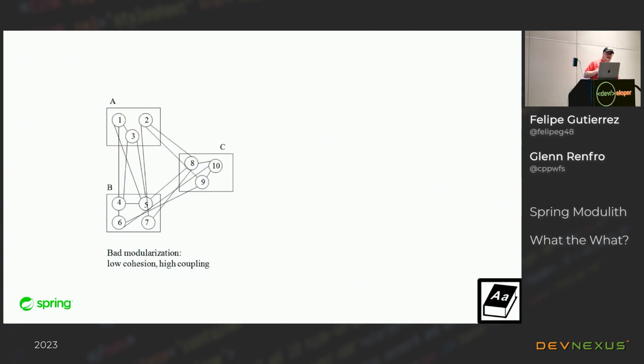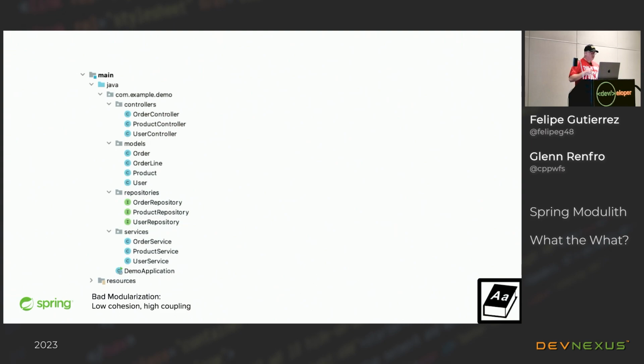So what we want to be able to do is focus on having modules that have not low cohesion and high coupling, but low coupling and high cohesion. Meaning, if I make a change to module B, I don't want that change to be reflected heavily in modules A and C. Similarly, if I look at a traditional deployment where I have controllers, models, repositories, or services, and I make a significant change to user, I have to touch every one of those packages.